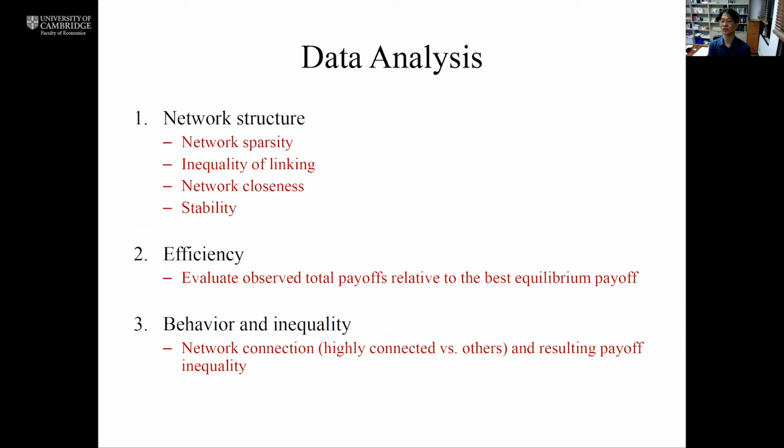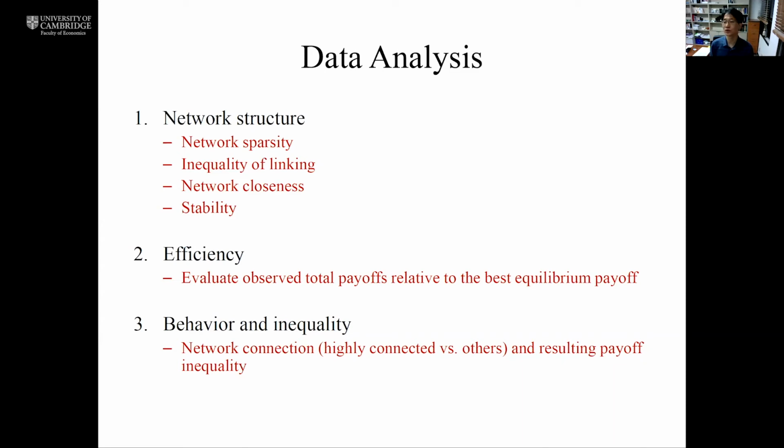What kind of network is emerging? For that, we look at the sparseness of the networks, the inequality of the linking, and the closeness of the networks. One of our main interests is who becomes the hub, and we want to see whether hub status is stable over time. Once one guy emerges as a hub, does that guy remain the hub throughout the game?